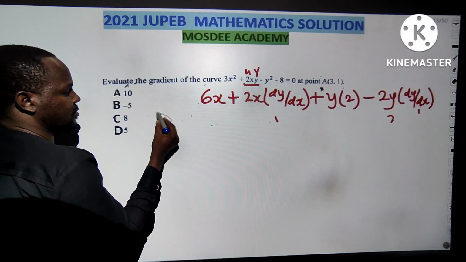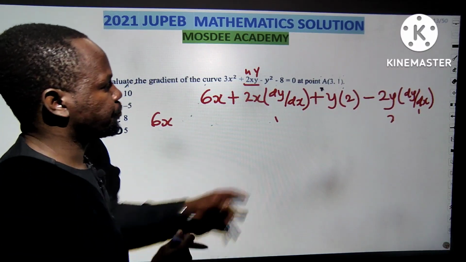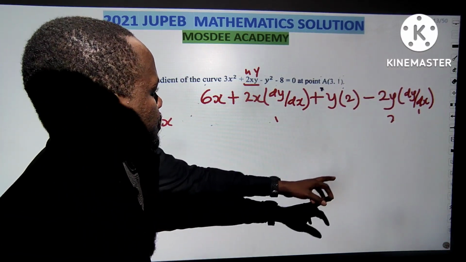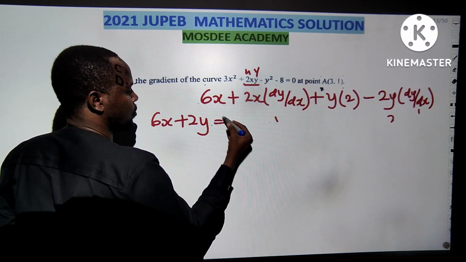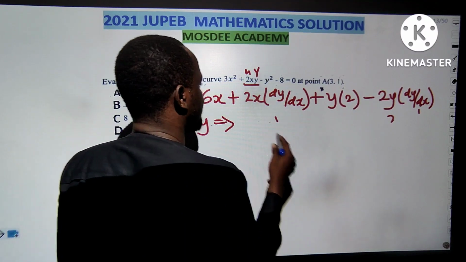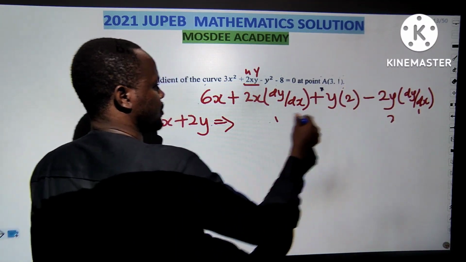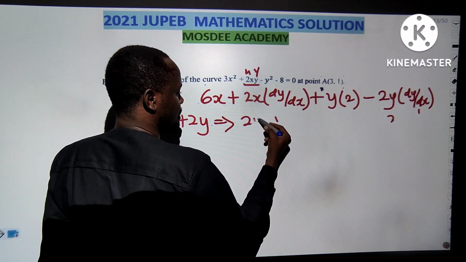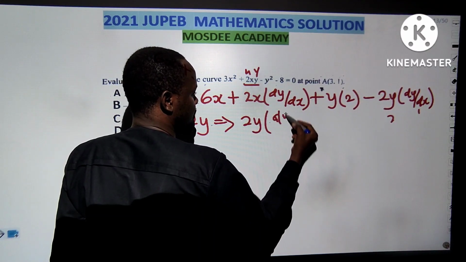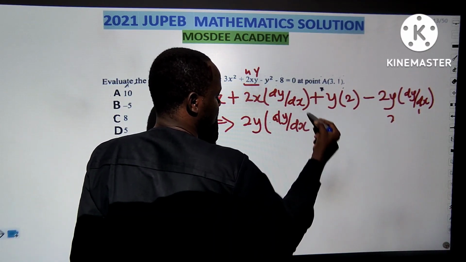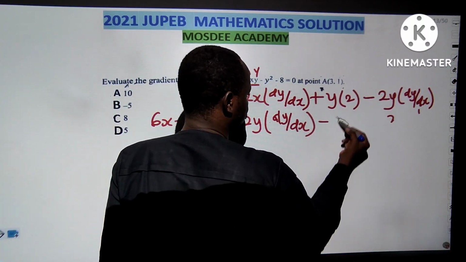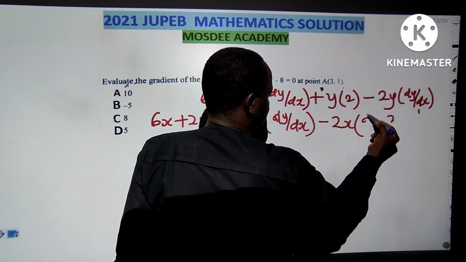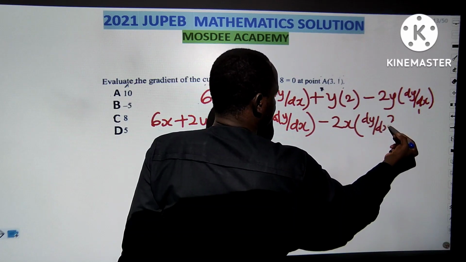This is like saying 6x plus 2y is equal to, I'm moving all this dy dx to the other side. So 2y minus 2y will be 2y dy dx. Then the other one, plus 2x will be minus 2x dy dx.